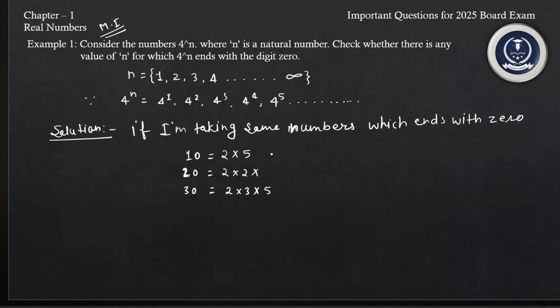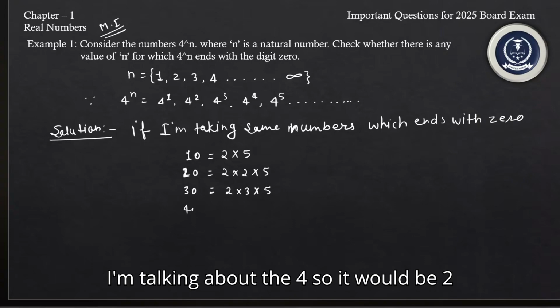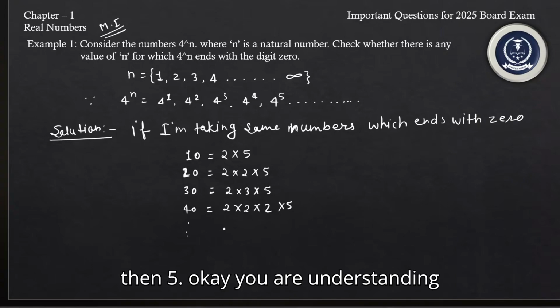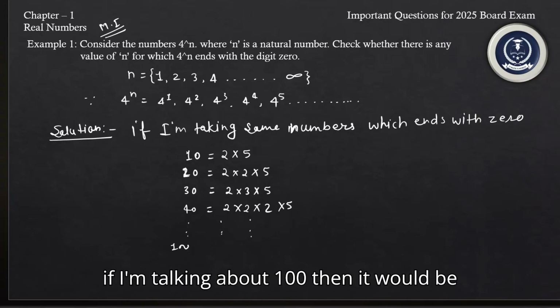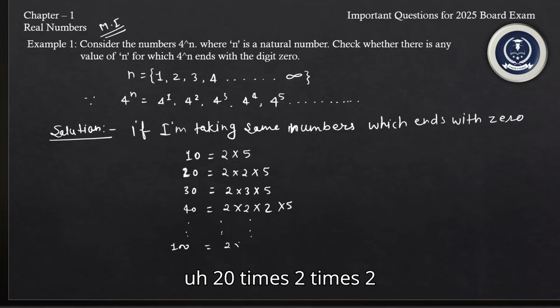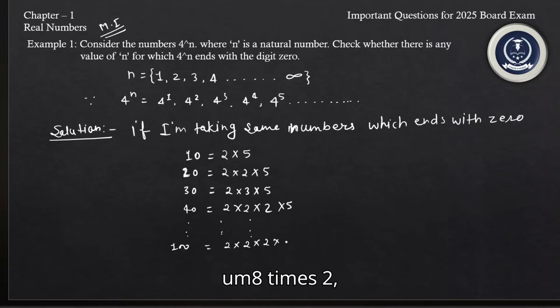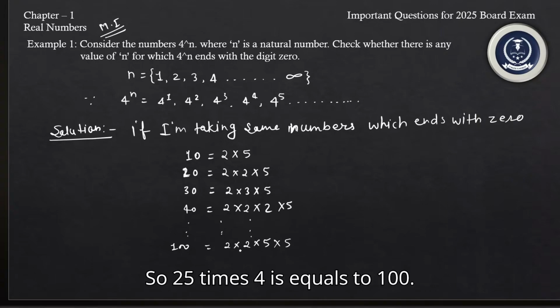If I take 100, it would be 2 times 2 times 5 times 5. So 2 times 2 is 4, 4 times 5 is 20, 20 times 5 is 100.